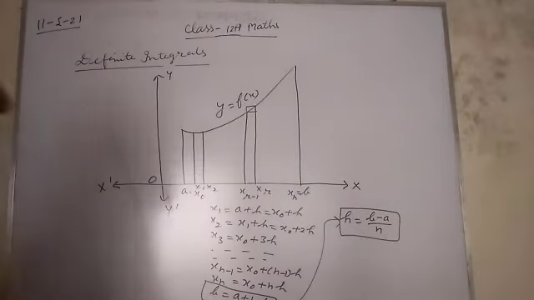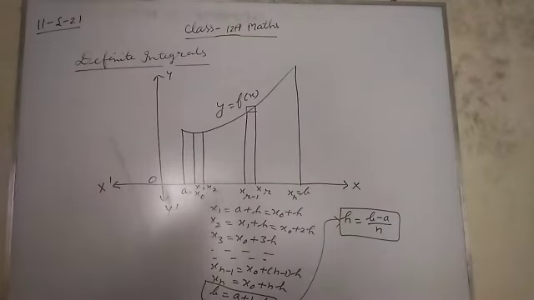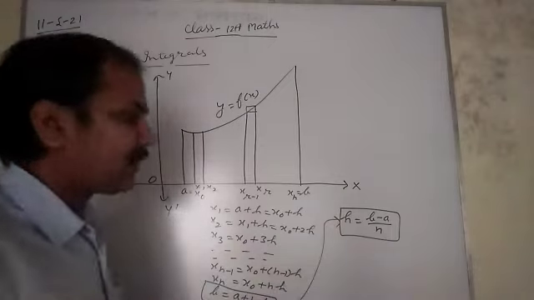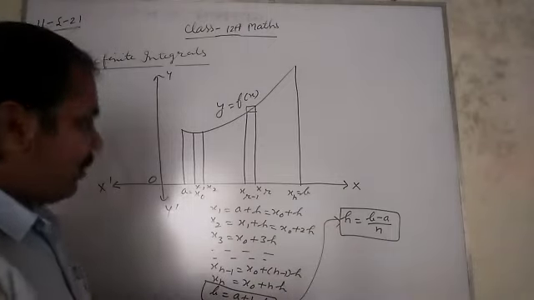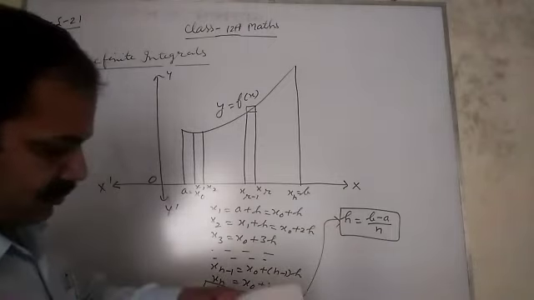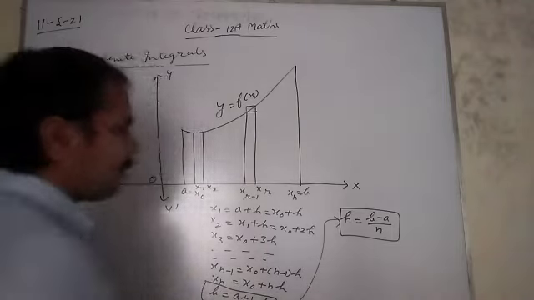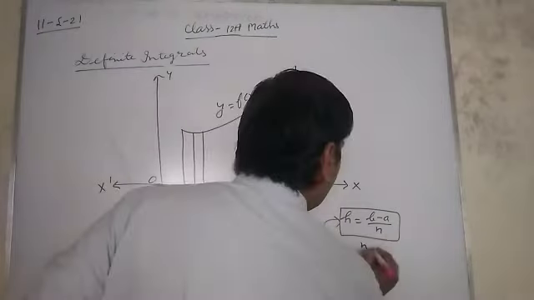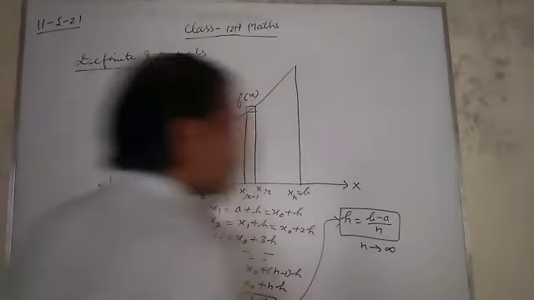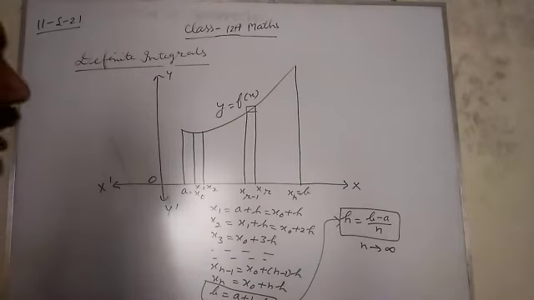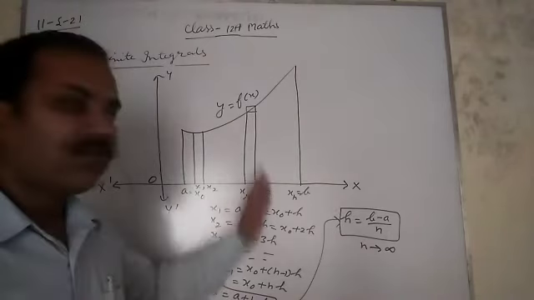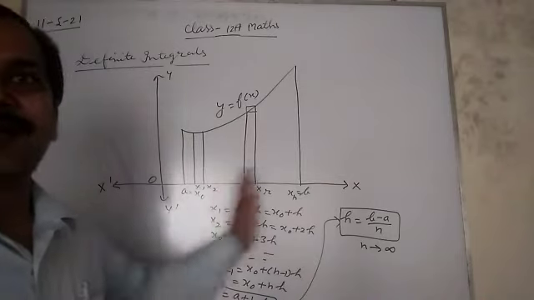Here h is very small, because if n tends to infinity, then h tends to 0. If n tends to infinity, it means we are dividing into so many parts, an infinite number of parts.